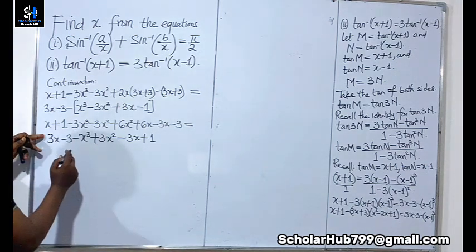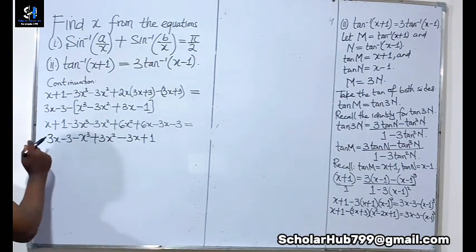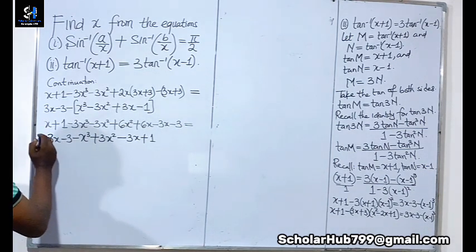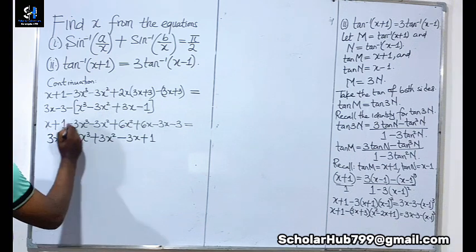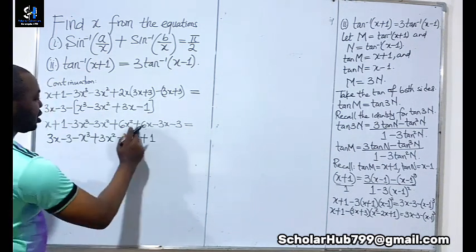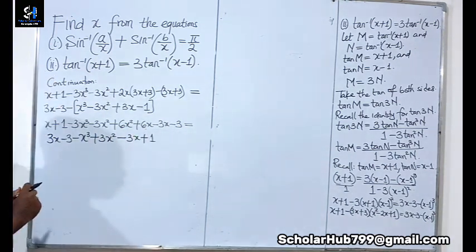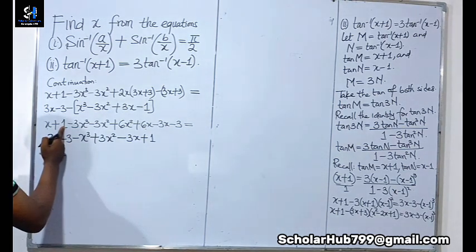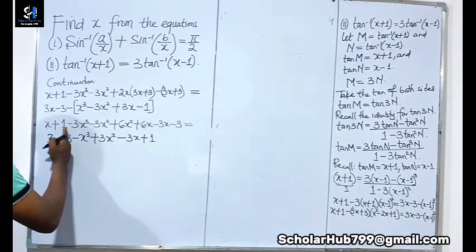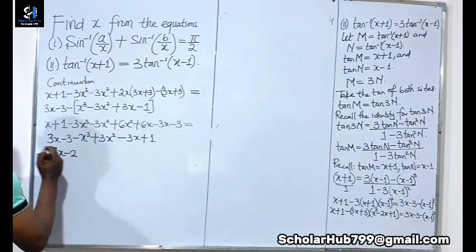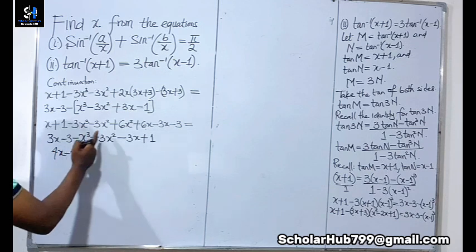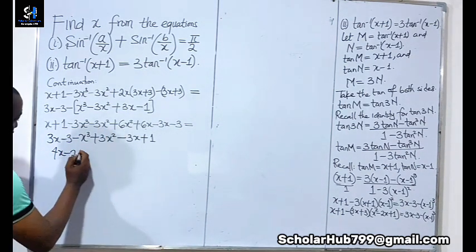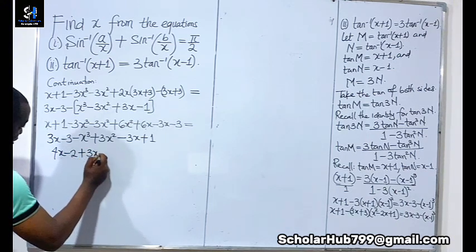On the left hand side, x plus 6x will be 7x. 7x minus 3x will be 4x. 1 minus 3 will be negative 2. Minus 3x squared plus 6x squared will be plus 3x squared.